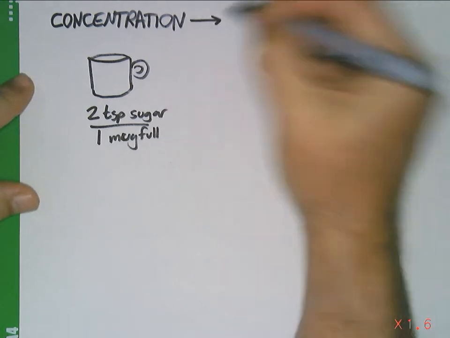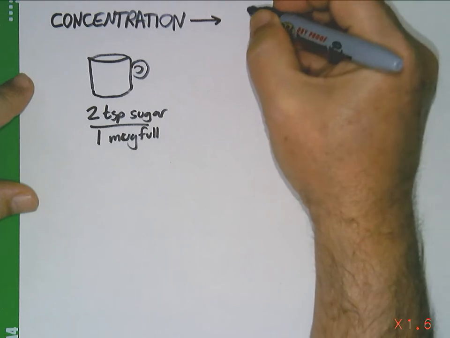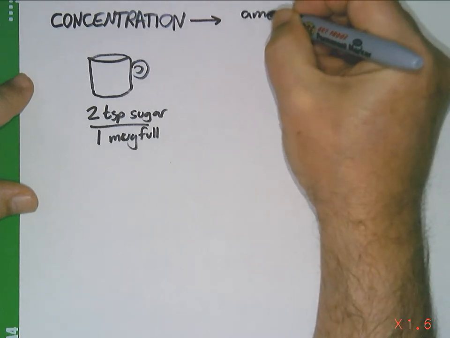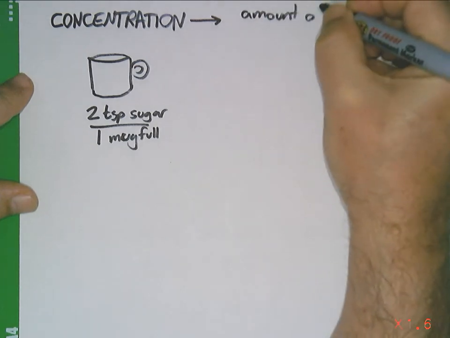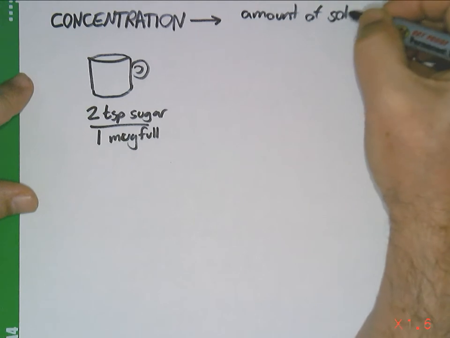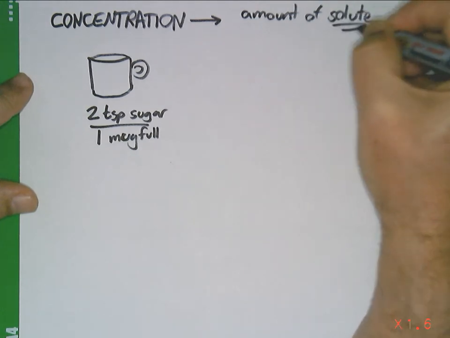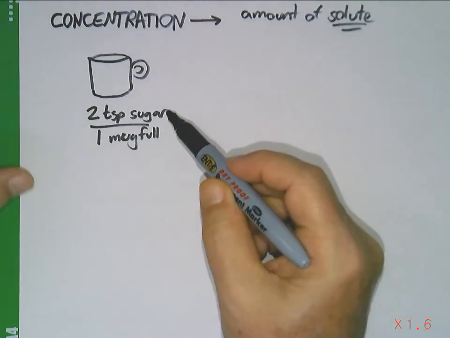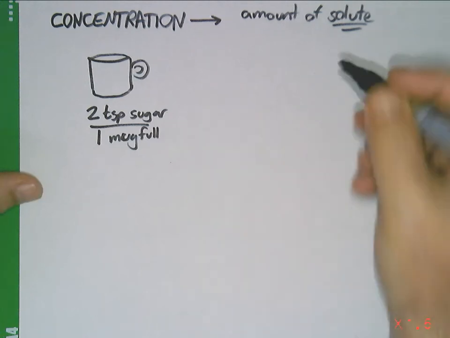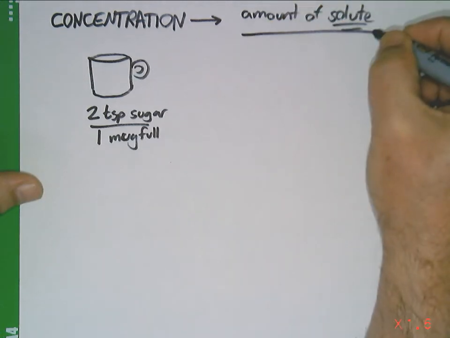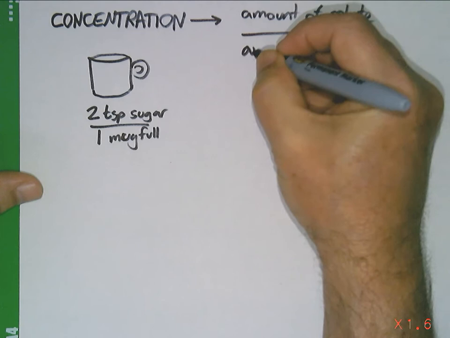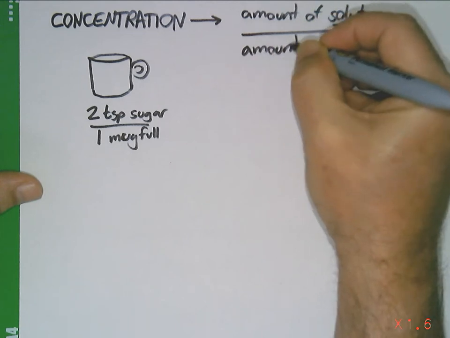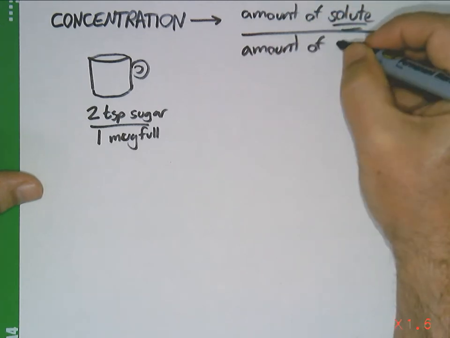We can define a concentration in general as an amount of solute. Solute is the stuff that we dissolve in the solution. That is the sugar in this case, divided by some amount of solution.